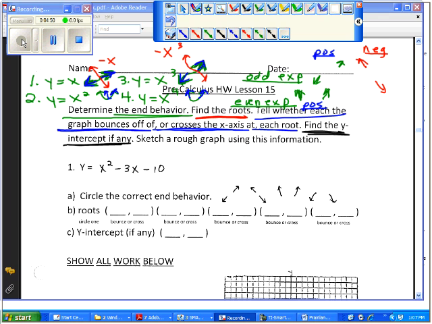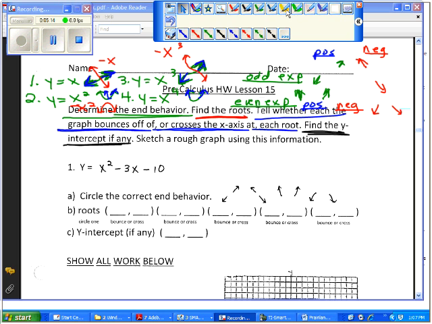But if we made that negative x squared, then it would open down instead of up, so it would be a down-down. Okay? Does everybody understand end behavior?